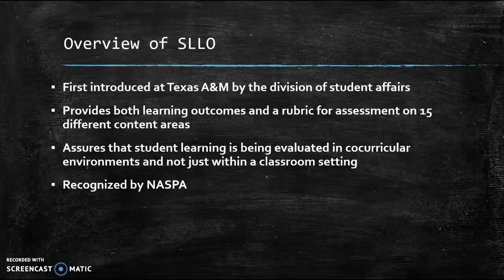And this project was recognized by NASPA. So granted, it was first introduced at Texas A&M, but this is something that can be applied to all institutions and really used as a guideline for any student affairs work that you might do at any other institution.